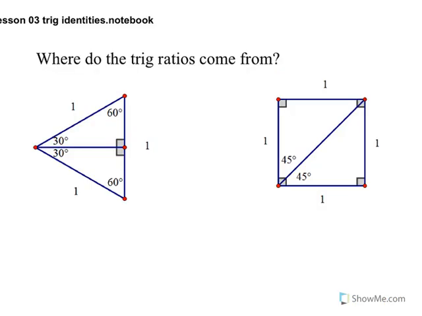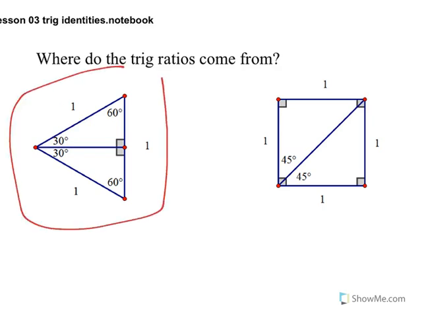For instance, I have here an equilateral triangle with side lengths of 1, and if I bisect it into two 30, 60, 90 triangles, these will each be a half, and if I use the Pythagorean theorem, I can find that this one is square root of 3 over 2.